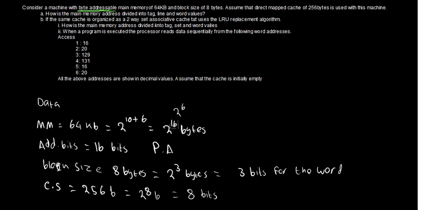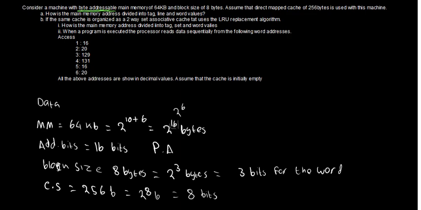Now, the first part of the question says: how is memory divided into tag, line, and word value? Right now, all we have is the bits for the word.